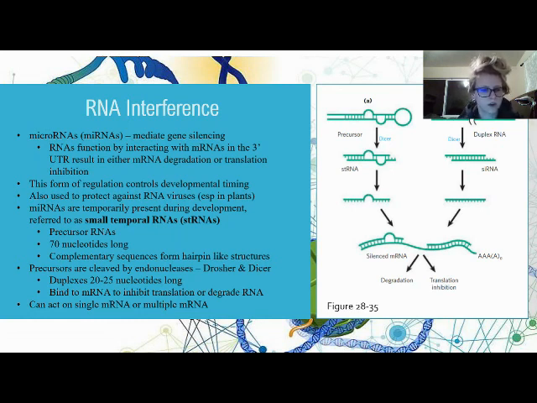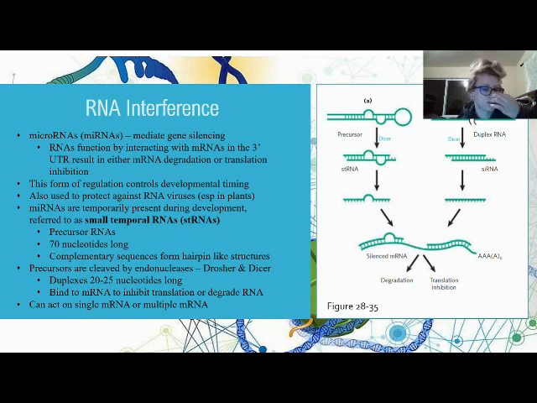These precursor RNAs are usually 70 nucleotides long, and they have complementary sequences that can form hairpin-like structures. These precursors are cleaved by endonucleases, Drosha and Dicer, into 20 to 25 nucleotides long, which bind to mRNA to inhibit translation or degrade RNA.